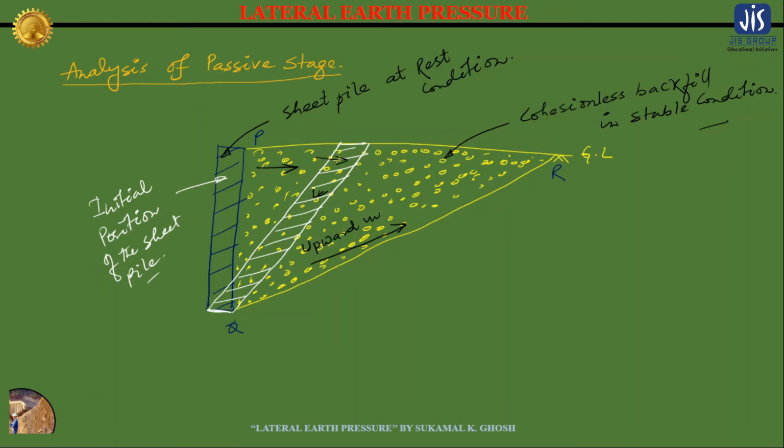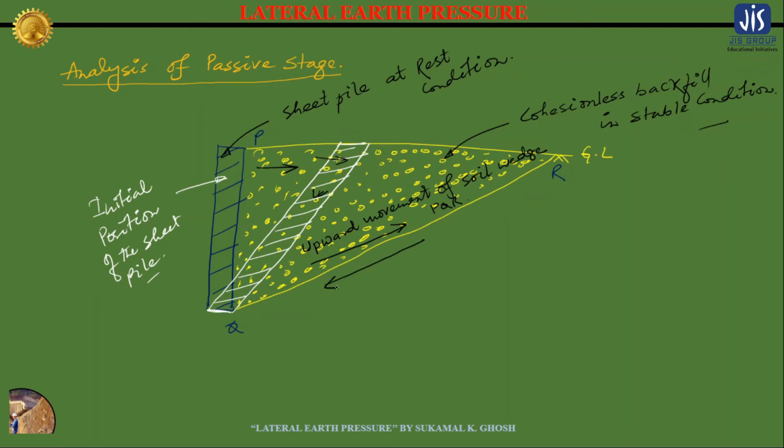Upward movement of soil wedge PQR. Okay, and due to the upward movement of the soil wedge, a shearing resisting force against this upward movement will act in downward direction.